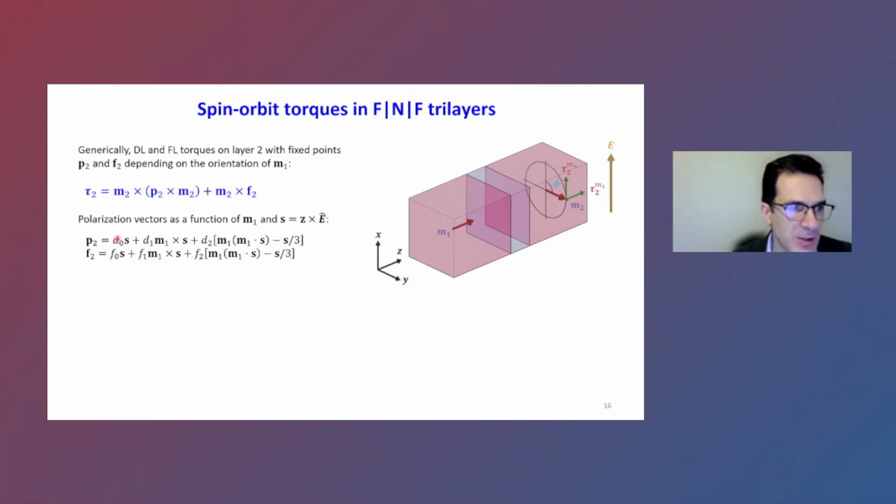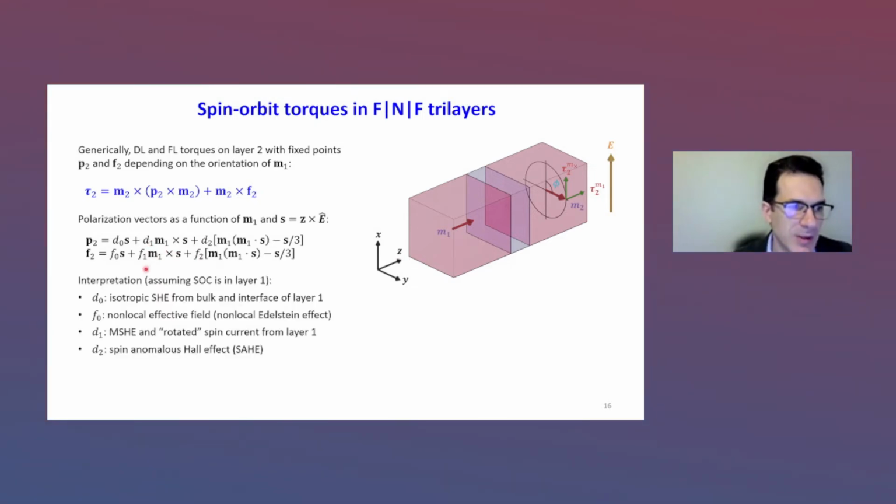The terms proportional to S will just give the conventional torques that exist and the only ones allowed in a system where there is no other ferromagnet. But there are additional terms here, and many of them have a known interpretation coming from various effects, coming from the generation of the spin current by the ferromagnet or its interface with the normal middle.